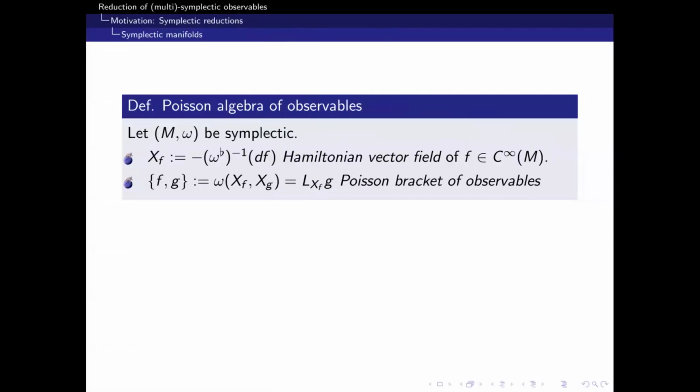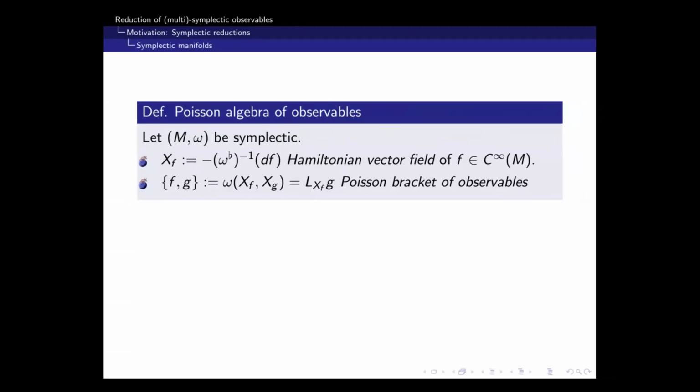Okay, so when we have such a symplectic manifold, we have a way to turn a function into a vector field by taking the differential of the function, which gives us a one-form. This one-form is a section of T*M, the cotangent bundle.